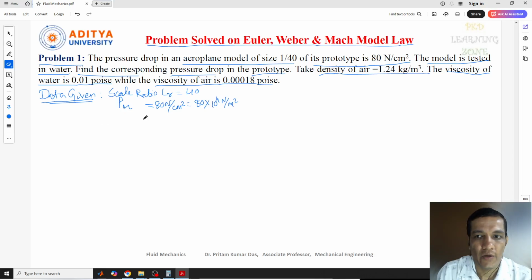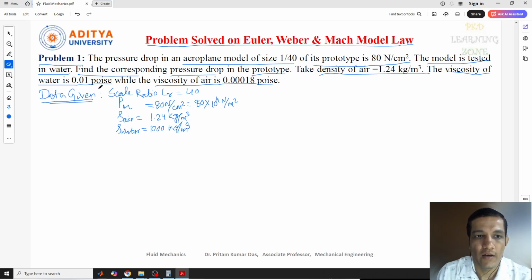Similarly, the density of air is given as 1.24 kg per meter cube. And density of water we know, we can consider that as 1000 kg per meter cube.